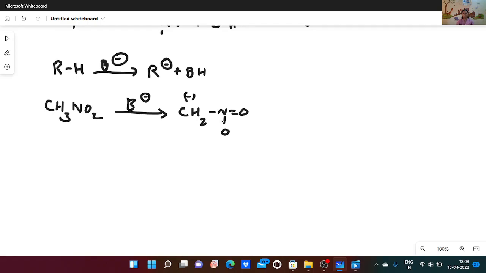And you know that this NO2 is unsaturated. So whenever a carbanion is formed and it is stabilized by resonance, delocalization of charge will give stability. So CH2 double bond N, O minus, coordinate bond.